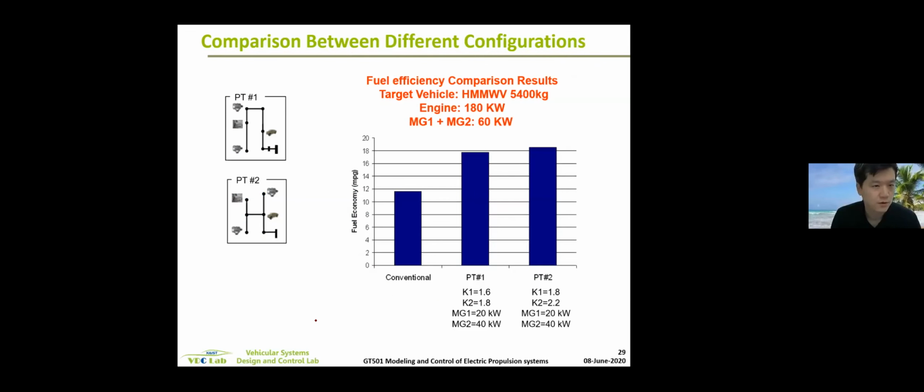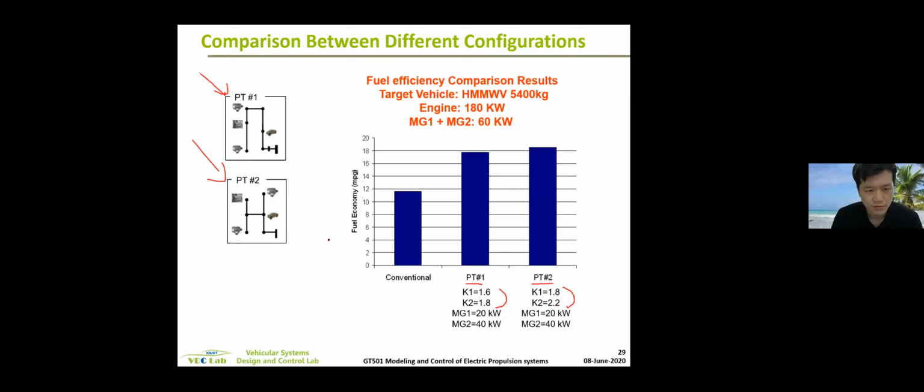As an example, if we have powertrain 1 and powertrain 2, we're going to model them using automated modeling, and then do the gear ratio optimization using DP for optimal control.